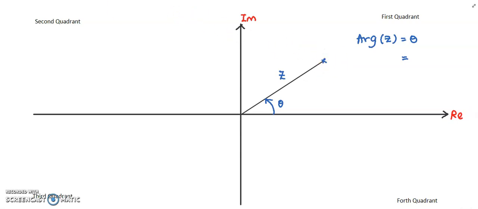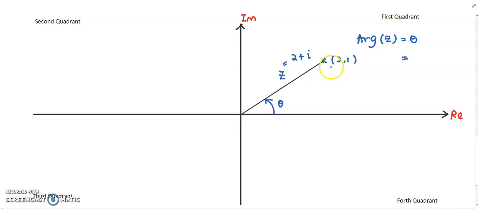Let's say this point is (2, 1), which means that Z is actually 2 plus i. Now we want to find the angle of this 2 plus i.